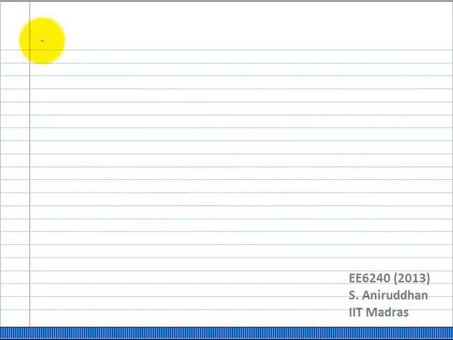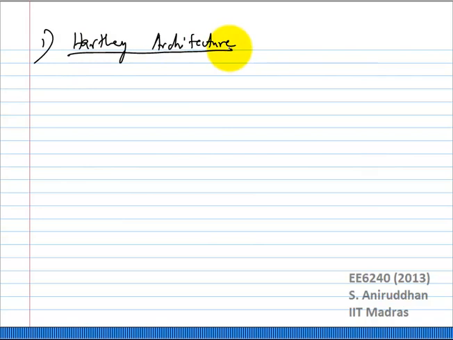As it turns out, the first kind of architecture which is going to do that is called the Hartley architecture. So let's say I have the signal plus the image going into this receiver.